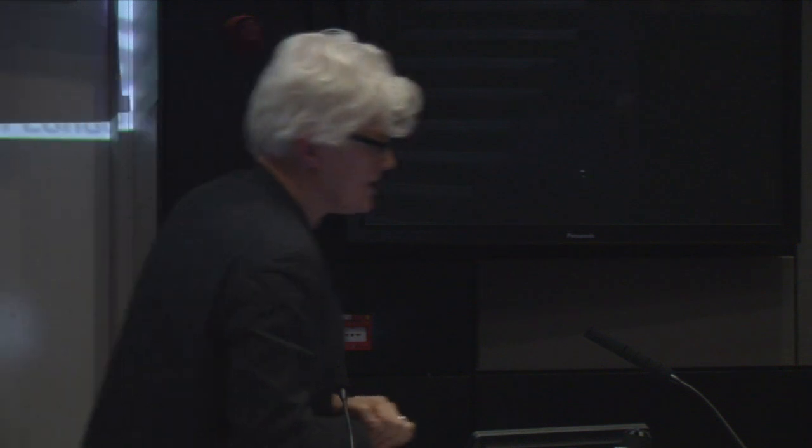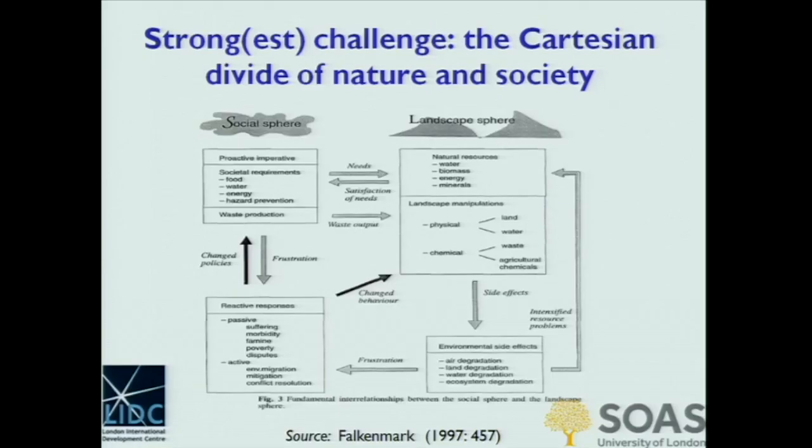So what is the strongest challenge? I think it's not surprising that natural resource management, environmental issues, and ecological issues are so prominent in the thinking on interdisciplinarity, because they problematize one of the most naturalized divides in our thinking, that between nature and society. Since Descartes, we think about nature and society as two different things.